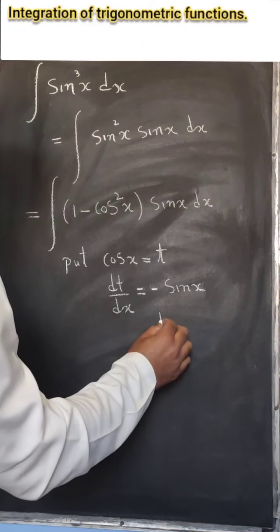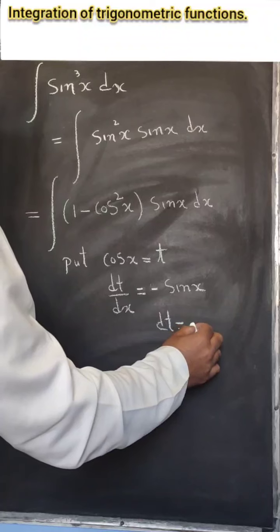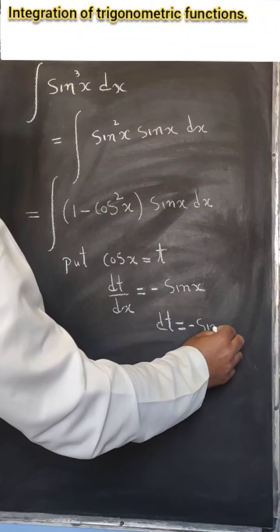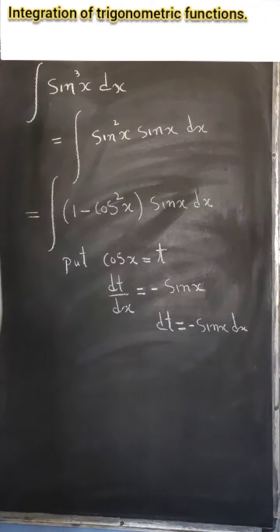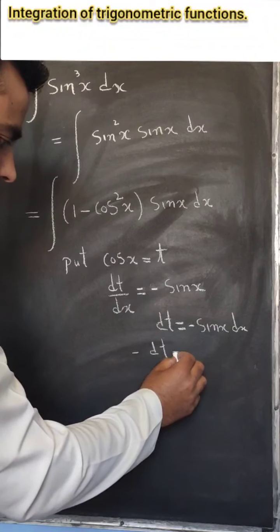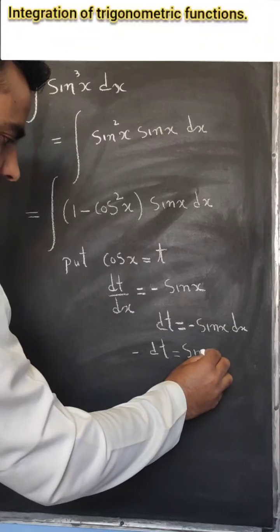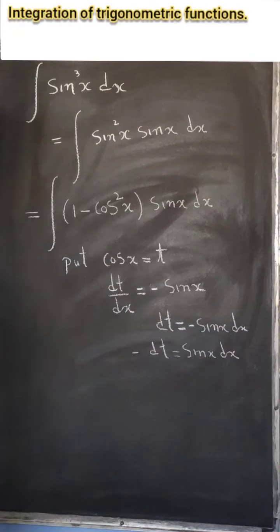or dt is equal to minus sine x dx, or we can write minus dt is equal to sine x dx.